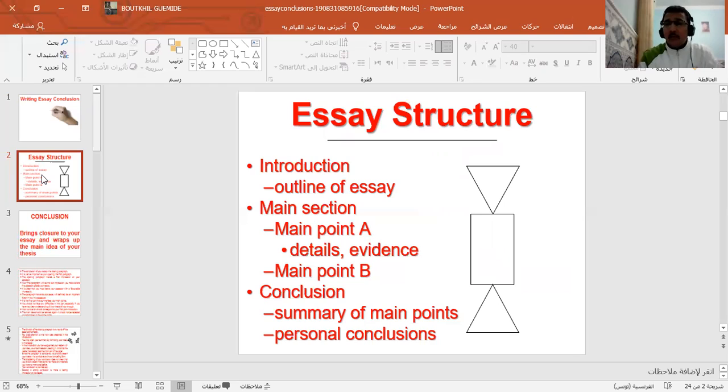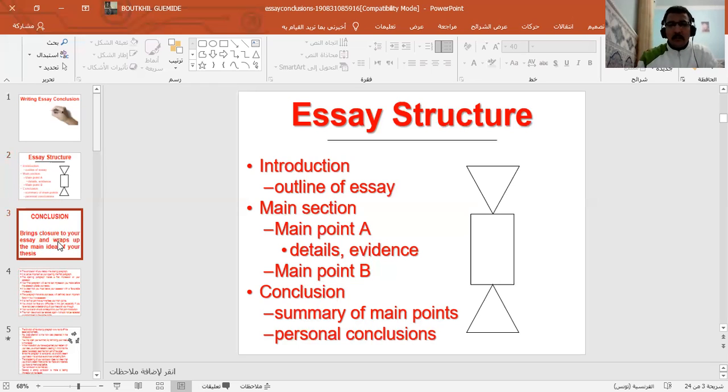Then, after grasping the reader's interest, you move to developing these main ideas into body paragraphs with main points, supporting details, and supporting points. And then, after developing the body paragraphs, you reach the conclusion of your essay, where you provide a summary of the main points discussed earlier.